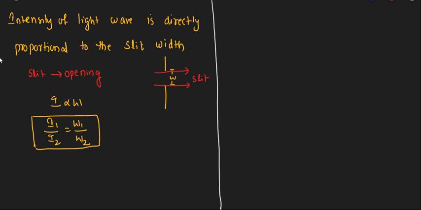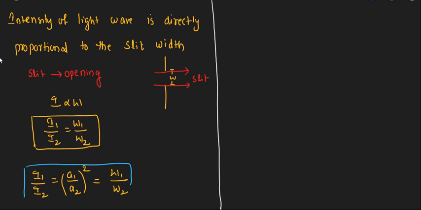We can also write one conclusion formula: I1 by I2 is equal to A1 by A2 whole square, which is equal to W1 by W2. This is the formula which gives the relation between the intensities and the widths of the slits.